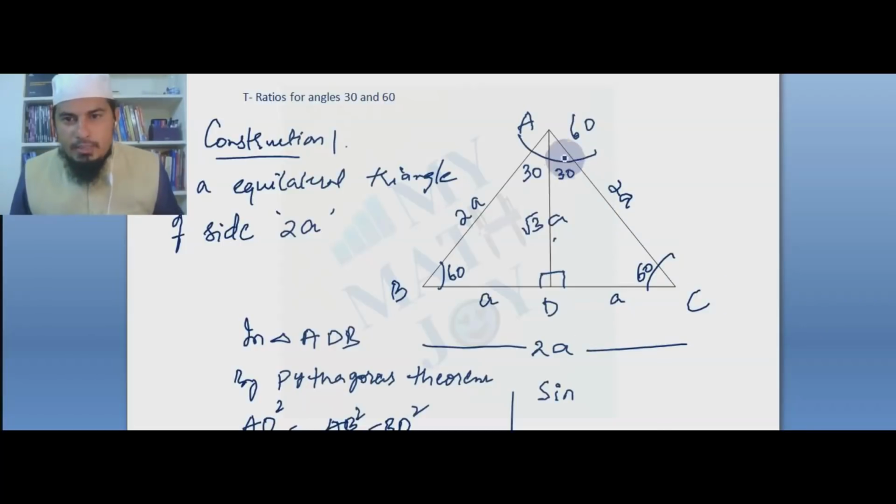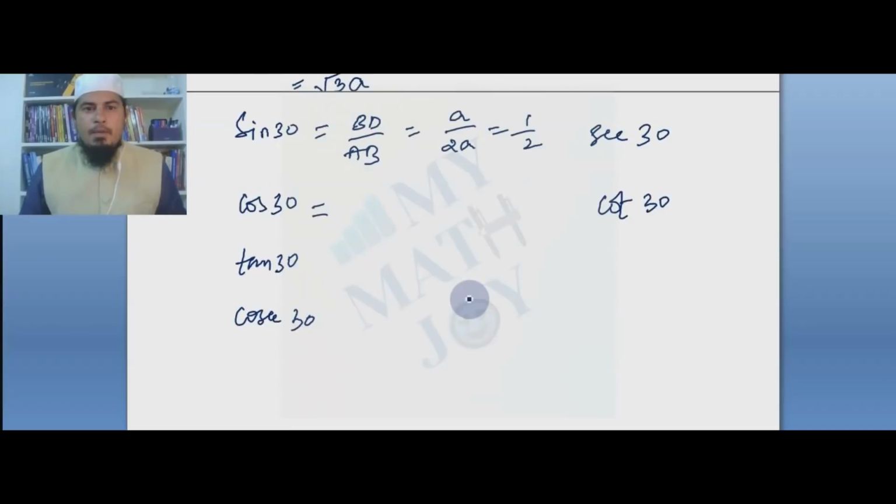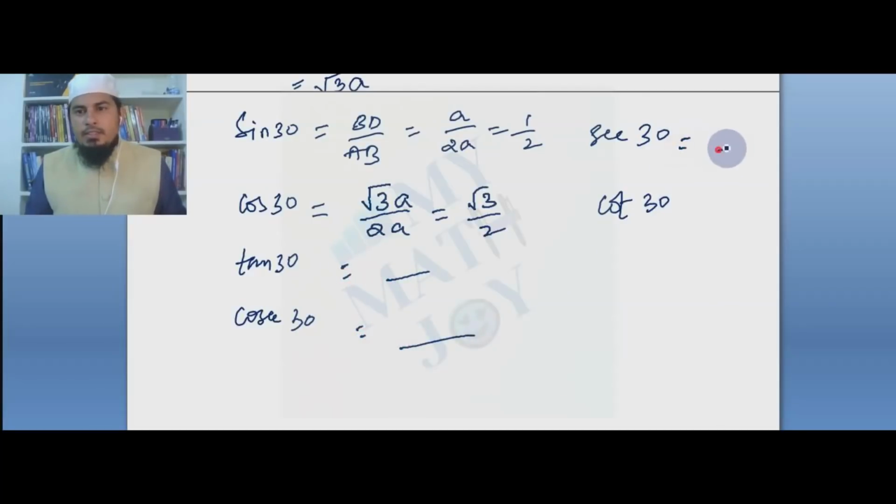Adjacent is AD, hypotenuse is AB, so adjacent by hypotenuse is root 3a by 2a. If I cancel, I get root 3 by 2. Similarly, you can find the other trigonometric ratio values. In this way you get all the trigonometric ratio values for 30 degree.